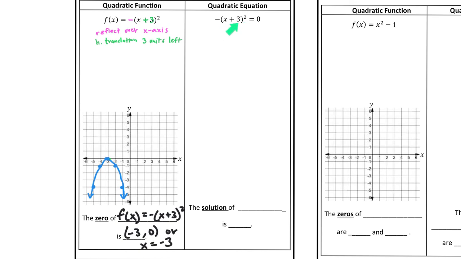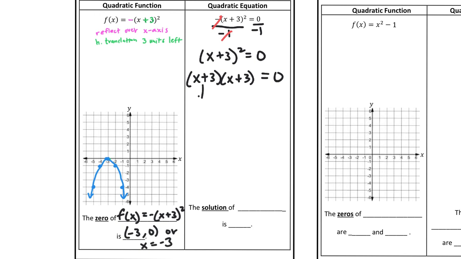And over here on the right, following the steps, right, move everything to one side. Everything's already set up to one side. So at least we can get rid of the negative 1 by dividing both sides by negative 1. That leaves us with x plus 3 squared equals 0 divided by negative 1 is 0. Then x plus 3 squared can be written as x plus 3 times x plus 3.